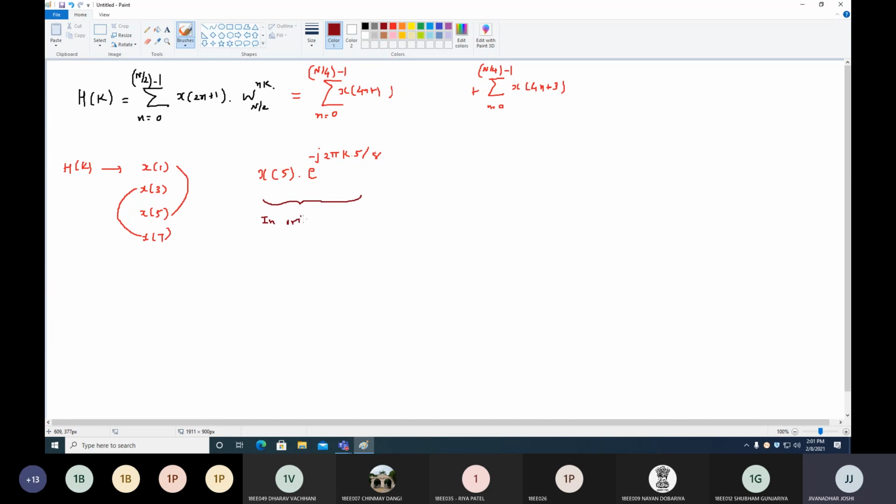In the original equation of DFT, this is equivalent to x of 5 into e raised to minus j 2 pi k into 4 plus 1, divide by 8. Okay.